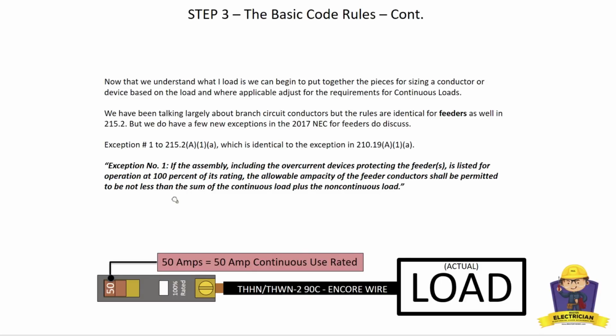So in this case, if it was 50 amps of continuous load, and it was rated for 100% of its rating for its operation, then I could put 50 amps of continuous load on this 50 amp breaker. If it's a standard breaker and it's not rated for 100% of its rated use, then I would have to limit it to 80% of this value. Or I could take the 50 and multiply it by 80%, and that's going to tell me what my maximum continuous load can be on the conductor for this breaker.